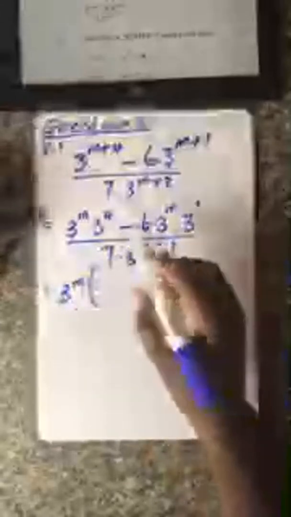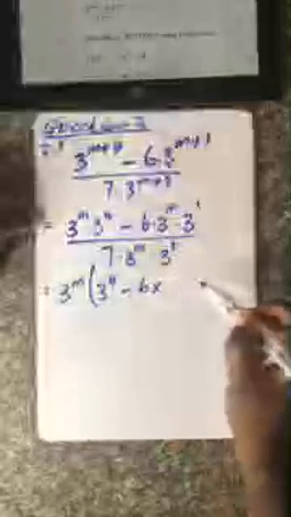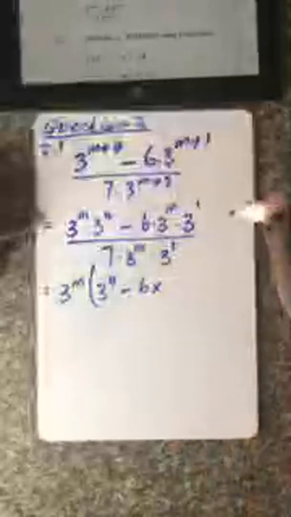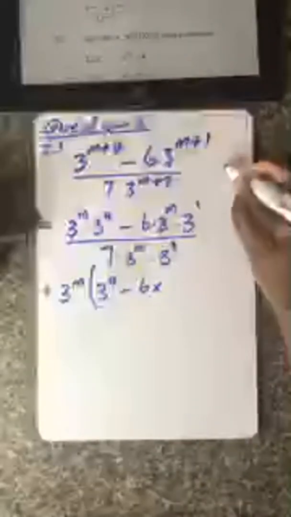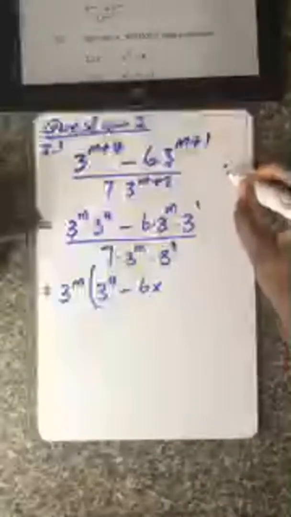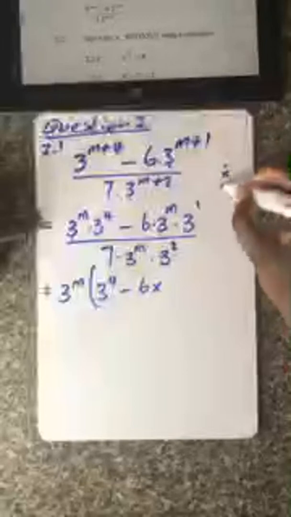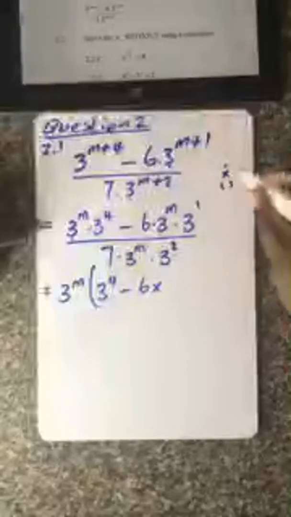So that means you've got 3 to the exponent m into, obviously, 3 to the exponent m minus 6 multiplied by, remember guys, I've explained to you that a dot refers to a multiplication between two terms. You've got a multiplication sign, and again you can have brackets.